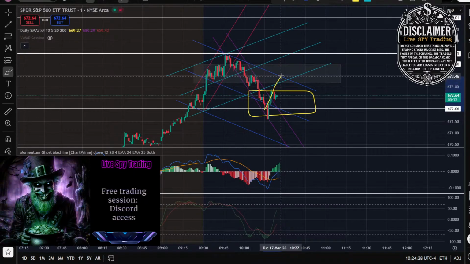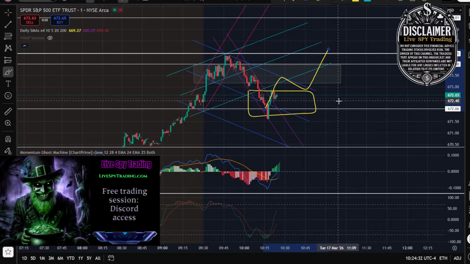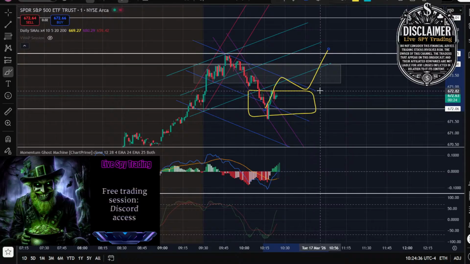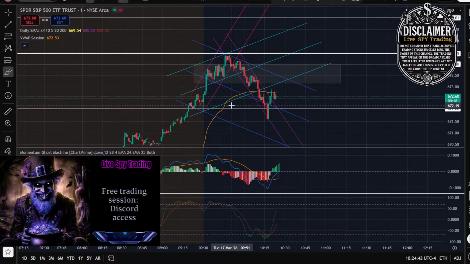Let's see if we get above and retest and do that. So this is what has to happen. If it doesn't happen like this, then our setup's not there, and that's not our trade, right? Then I don't know, maybe look for VWAP or something. I don't know, but this is how it works.